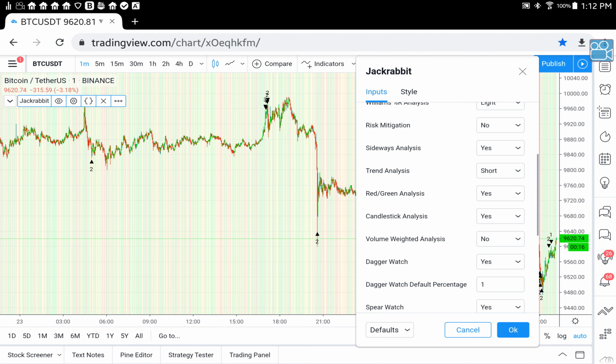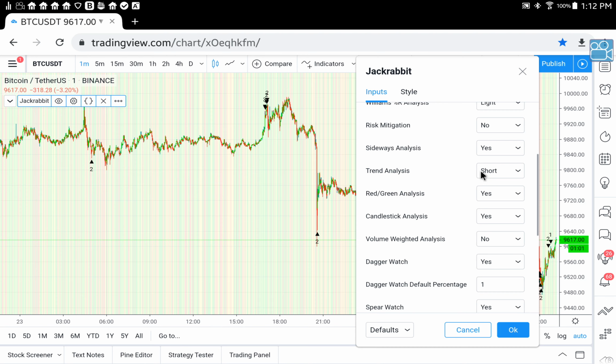And that makes it the most powerful of all of the filters. And you'll notice there is one new filter, and that is trend analysis, which can be turned off. Medium trend analysis, short trend analysis, and long-term trend analysis.